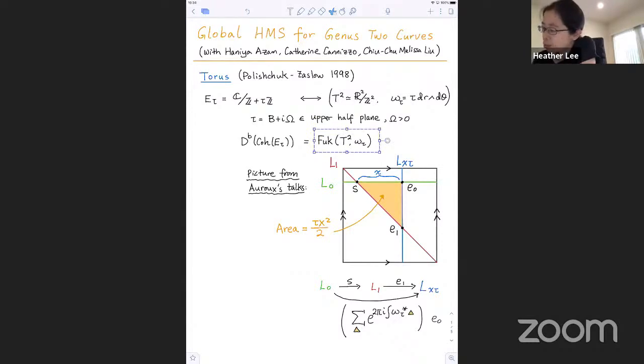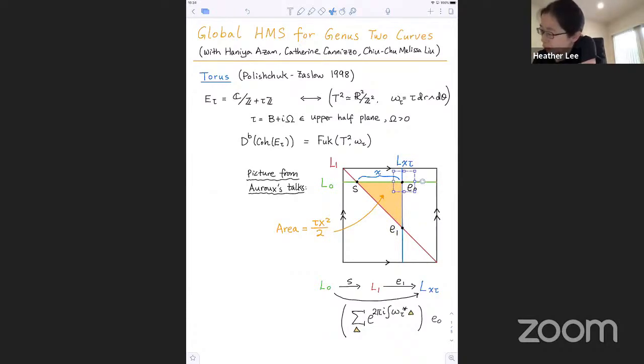And given any 2 objects, the morphism in the category between these two objects is a vector space generated by their intersection points. Here S is the intersection point between L0 and L1, and between L1 and L_x tau, we have E1, and between L0 and L_x tau, we have E0.